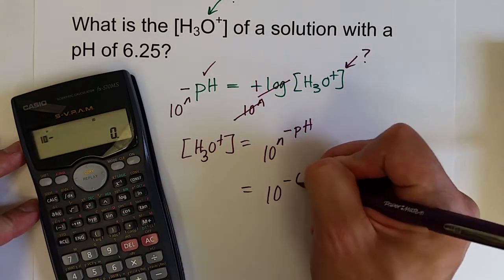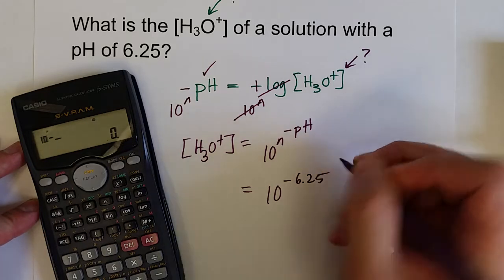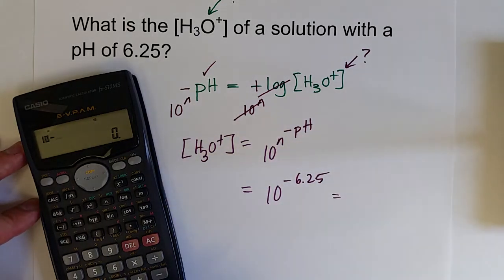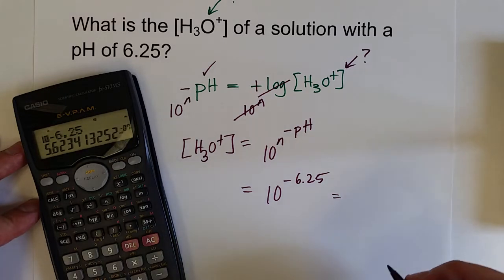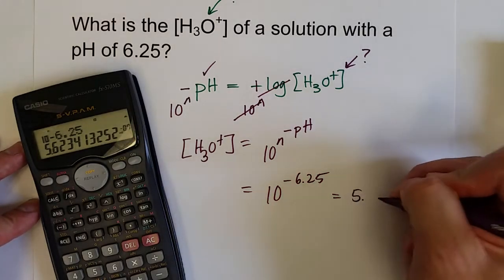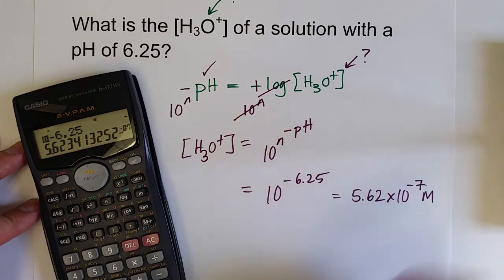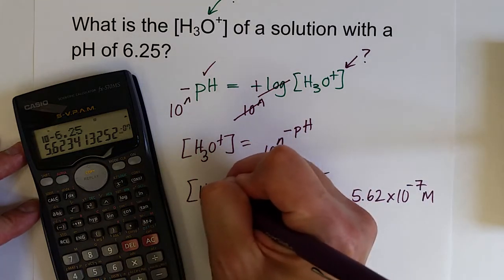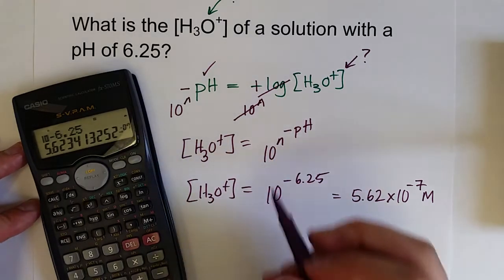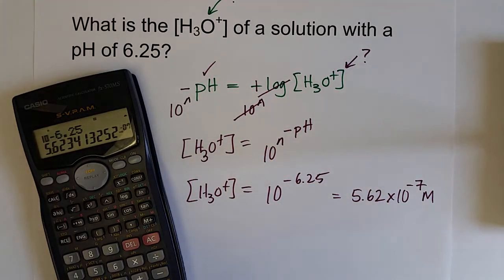That equals 5.62 times 10 to the negative 7th molar. The units don't come out of this equation, but we know that brackets equals concentration in molarity.